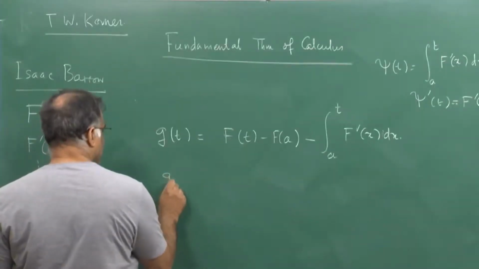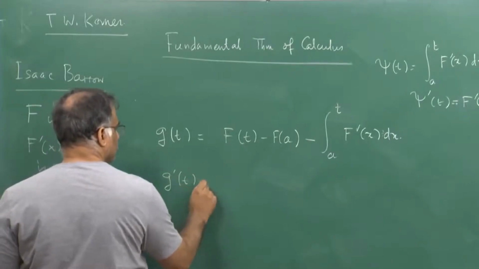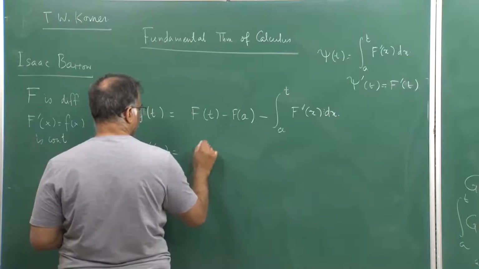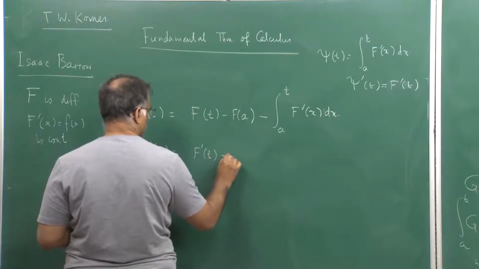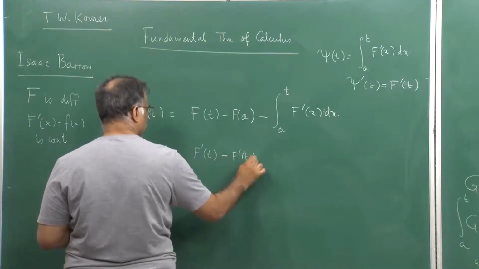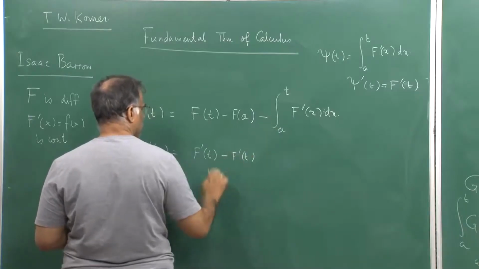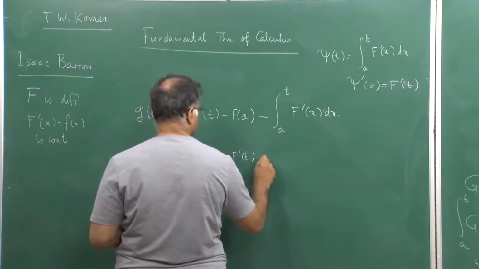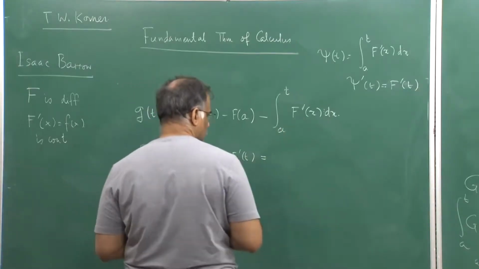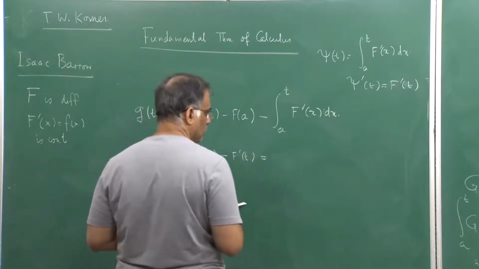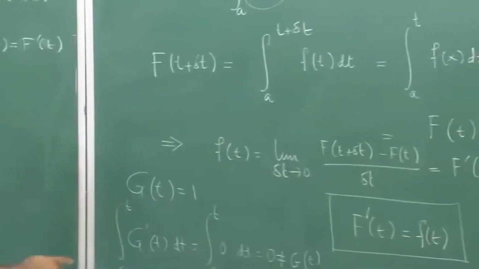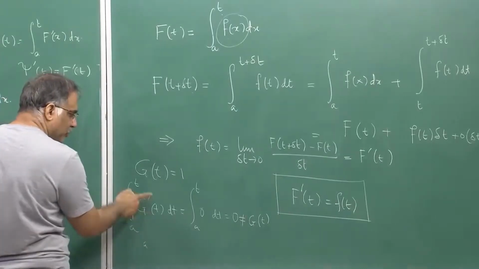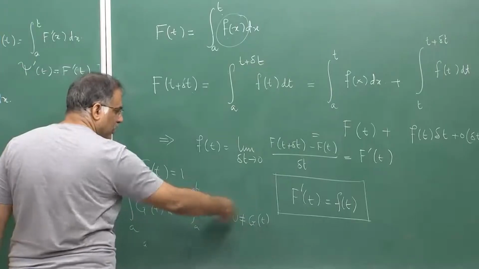So if I take g dash t, this f dash t is 0 minus f dash t. If I integrate this out, this will be left. So actually if I had integrated this out, you really compute g dash t, you put the value and put 0 to g(t), you will get this.